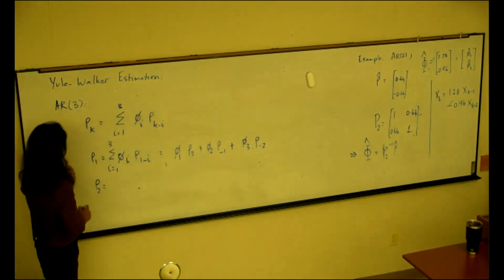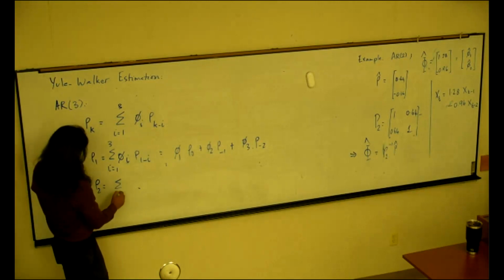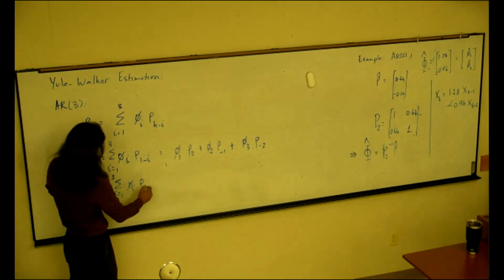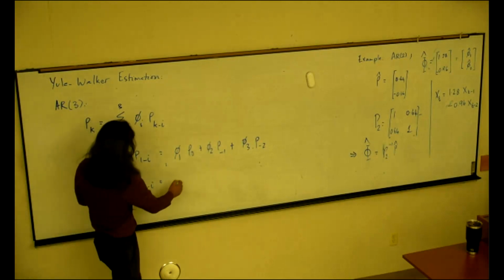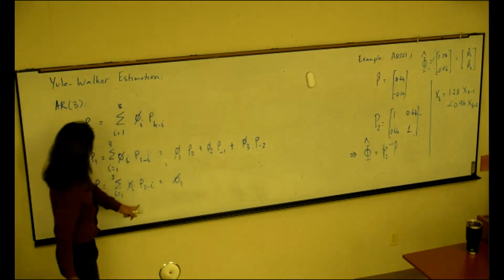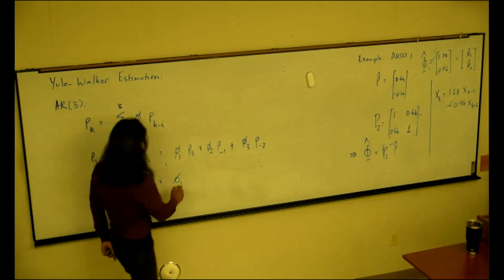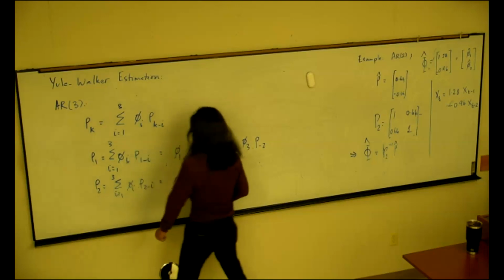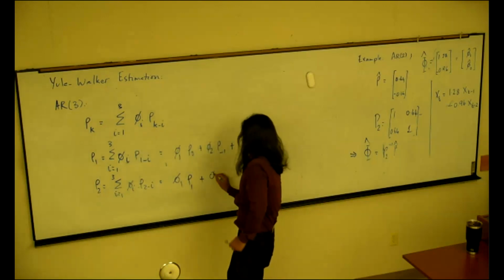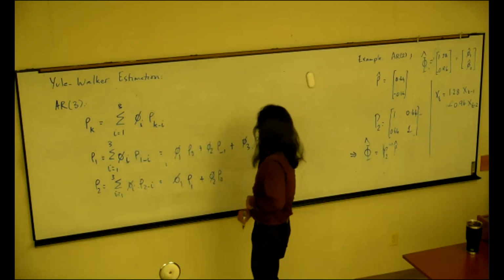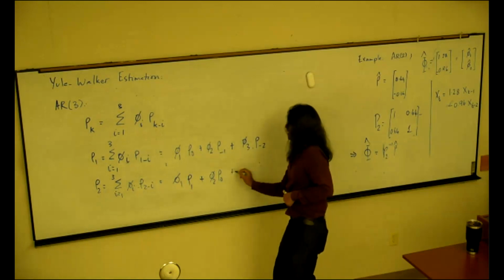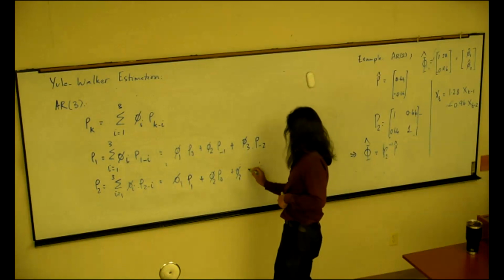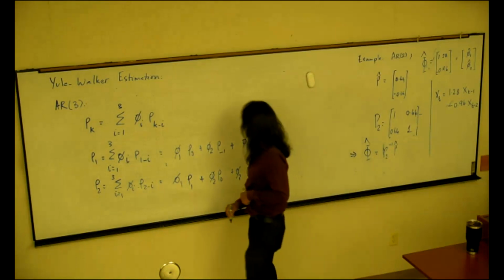Row 2: i equals 1 to 3, phi i, row 2 minus i. Phi 1, 2 minus 1, 1; phi 2, 2 minus 2, 0; phi 3, 2 minus 3, negative 1.